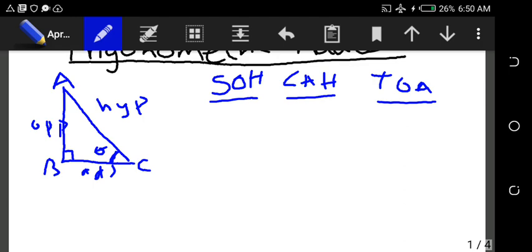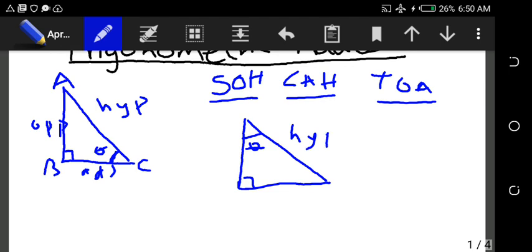Now if we should also have it, let me make another diagram. Maybe we have the angle here, we have a right angle here. Of course here still remains hypotenuse. Now the side that is facing this angle is this side, all right, and that becomes opposite in this case, while here becomes the adjacent.